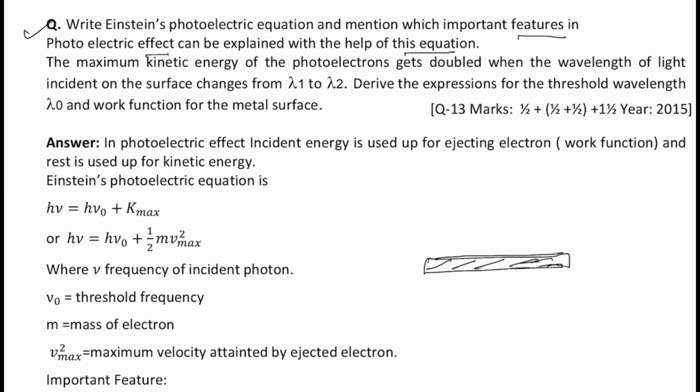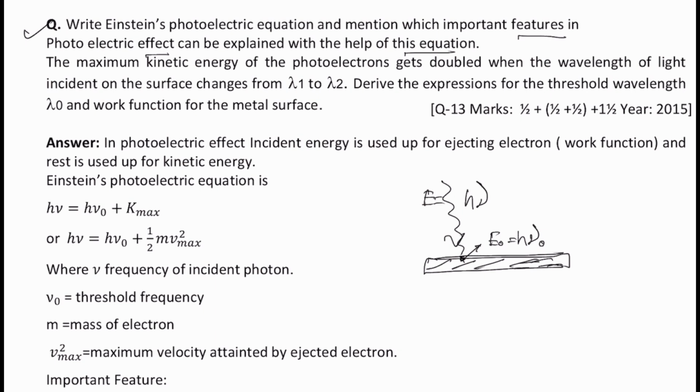Whenever light is incident, suppose h nu is the energy of the incident light. The energy required to knock out the electron, to release the electron from the surface, is E0. E0 is h into nu 0, where nu 0 is the threshold frequency.